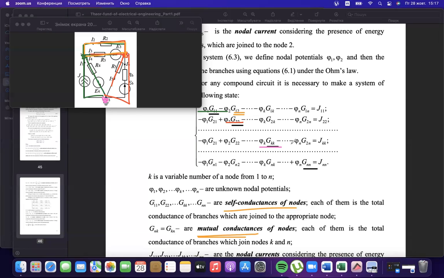For example, if it is mutual conductance 2, 3, that means the conductivity between point 2 and point 3. That is how the general equation is built.